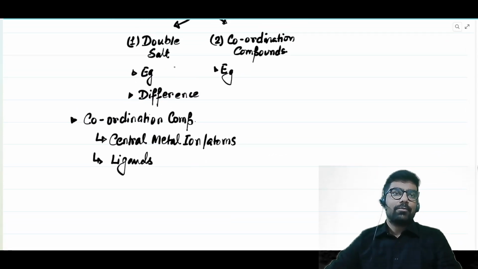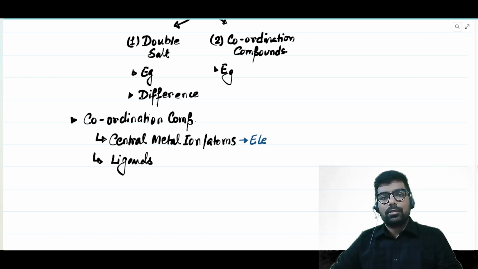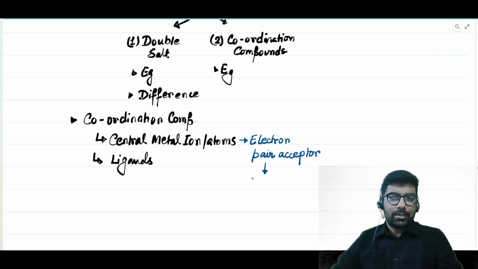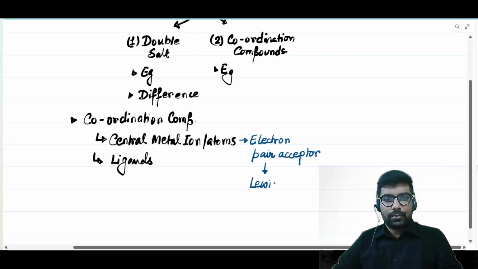In central metal atom we discussed how this central metal atom is basically an electron pair acceptor, and hence it is basically a Lewis acid.